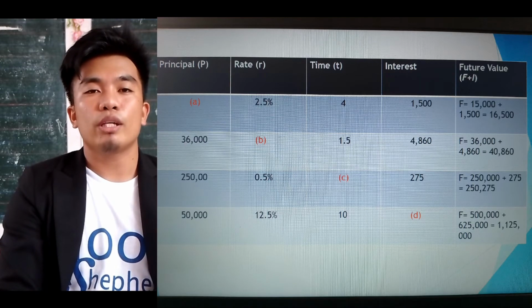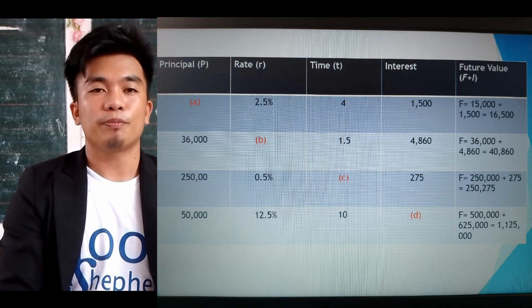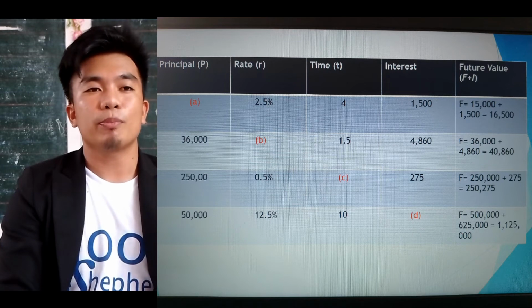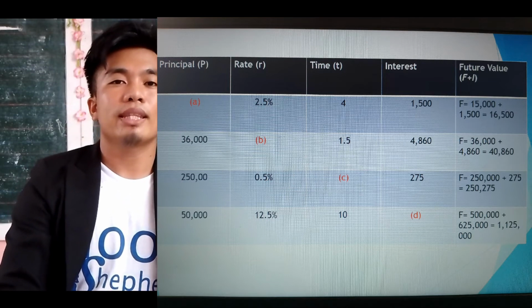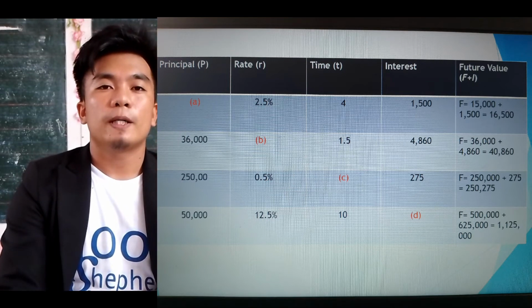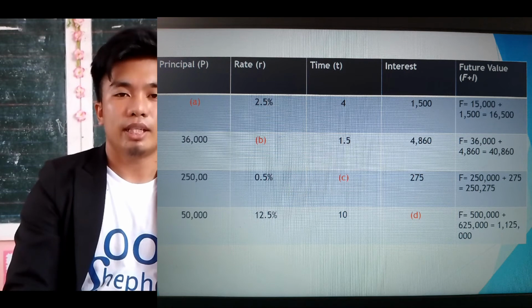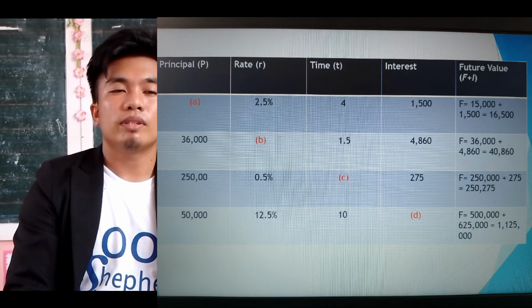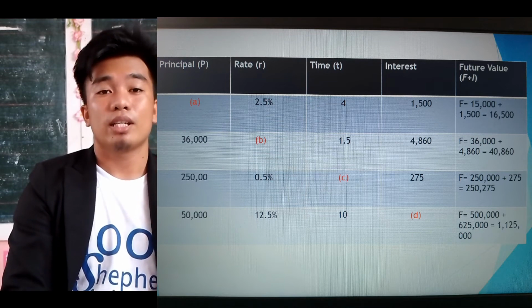Now we are going to find the future value. All we have to do is add the principal and the interest. The principal we solved a while ago is 15,000 and our interest is 1,500, the total of 16,500. Second, we have our principal 36,000 and our interest 4,860, the total of 40,860.